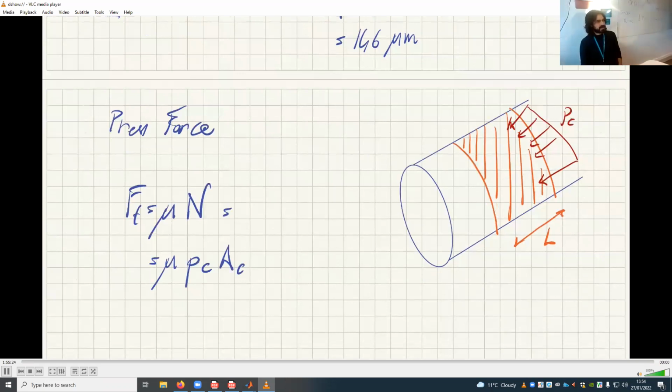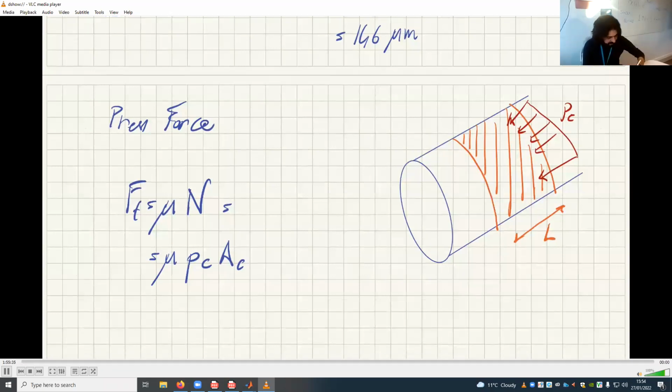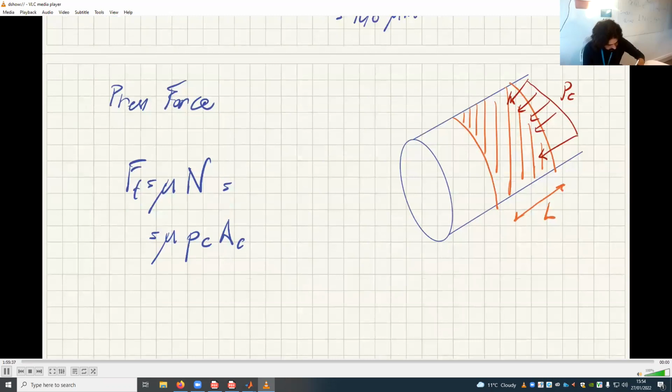How much is the contact area? Well, it's this circumference here, all around, times the length. So it's 2 pi, the contact radius, times the length. Mu is a number. PC we found. 2 pi are numbers. RC is geometry. L is geometry, which is given.